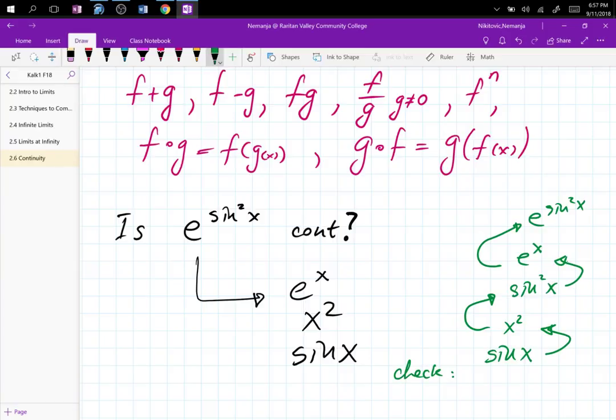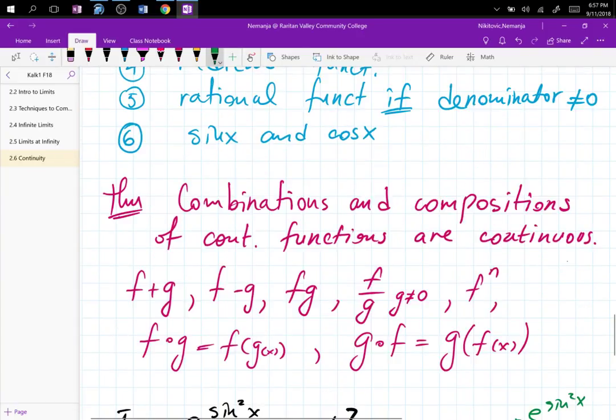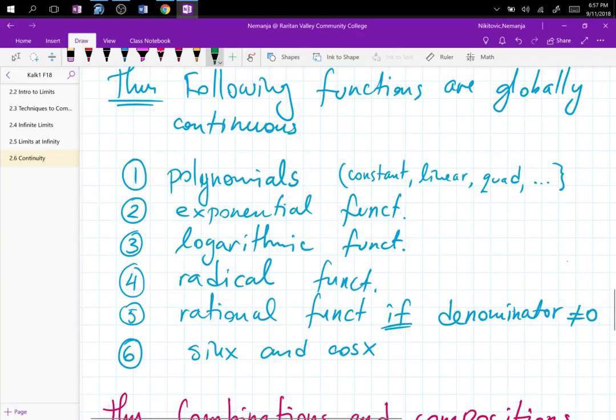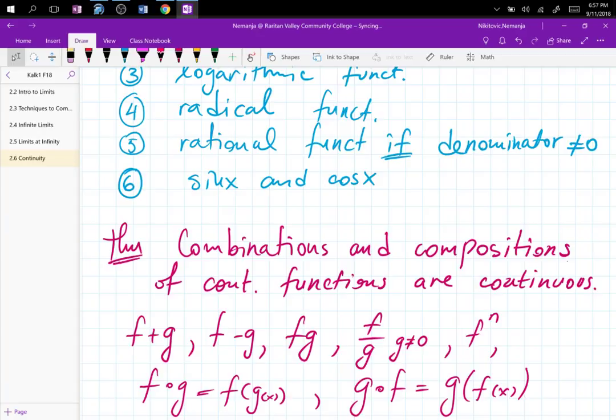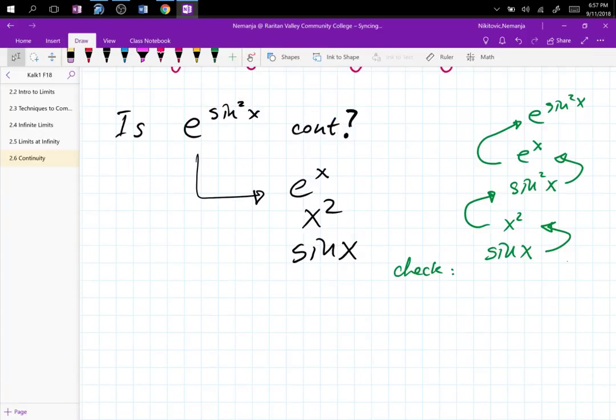What I have done, I have decomposed function composition and came up with three functions that by blue theorem are all globally continuous. The red theorem says composition of continuous functions is continuous. Well, guess what? I got three functions that are continuous. Therefore, yes.